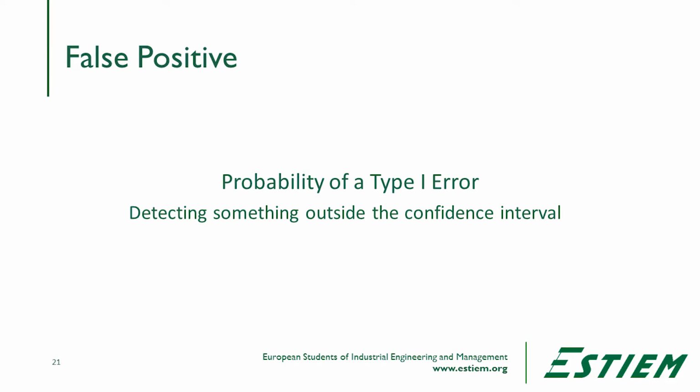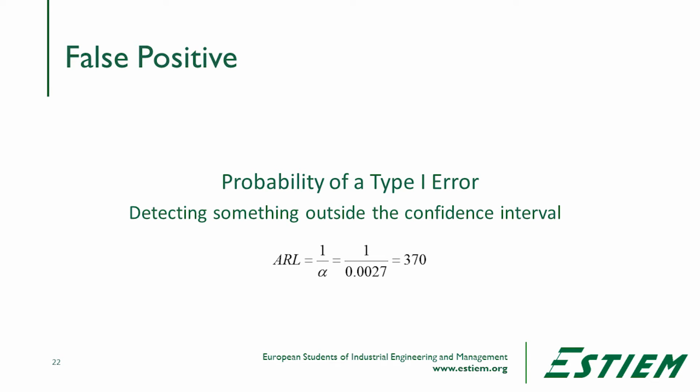So a false positive is when the statistical distribution gives me a test and it says I have something that is outside the normal confidence interval, but actually it's really a part of this type of process. So we call this a type 1 error, the probability of detecting something that is outside the confidence interval when the process is really in a state of control.